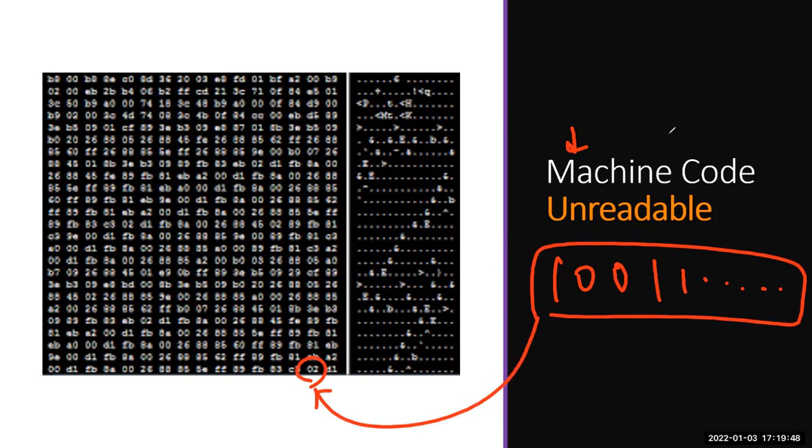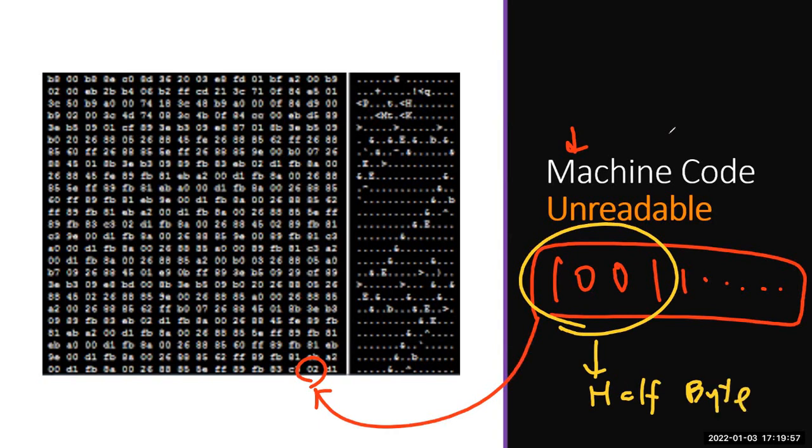Each group of 4 bits is a half byte, and a half byte is a hexadecimal digit. We can also call it a hex digit. Then a byte has 2 hex digits, and you may also have the corresponding ASCII code symbols on the right side.